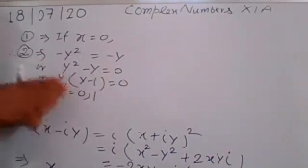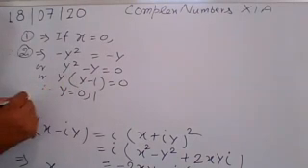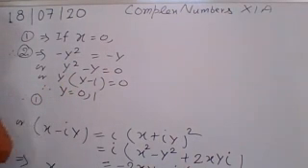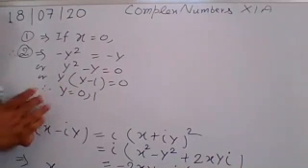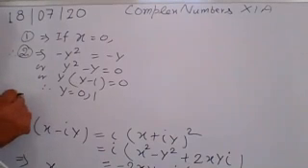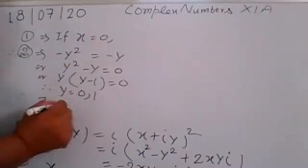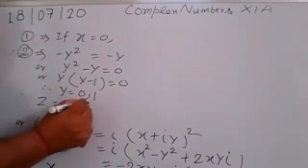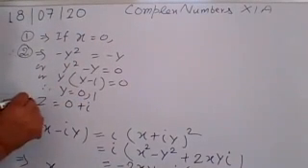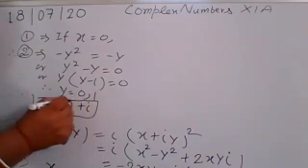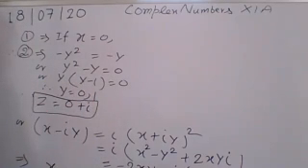So z is equal to 0 plus i is one of your complex numbers. And (0, 0) is not taken.